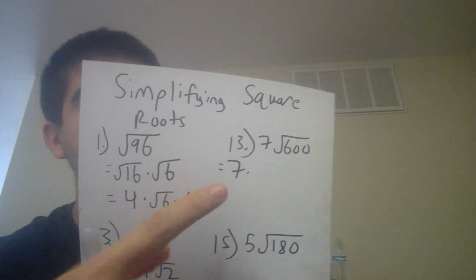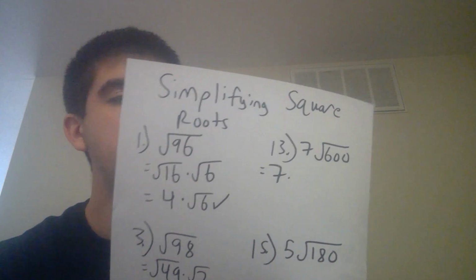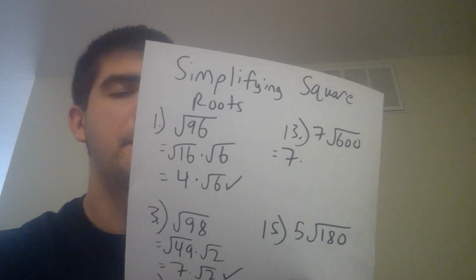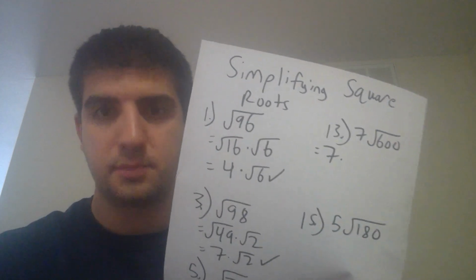And now we're playing the same game. Which of those perfect squares that you have, and you should have your notes out, go into 600? What's the biggest one of those that goes into 600? Kind of giving it away there.